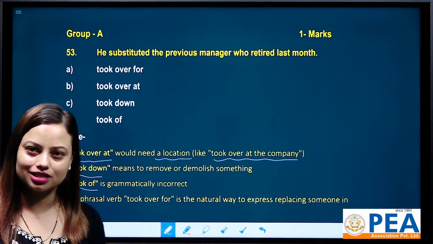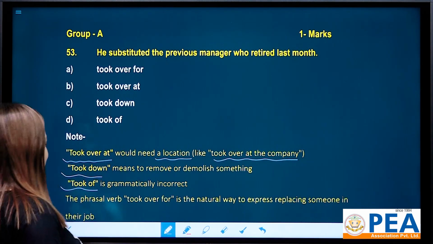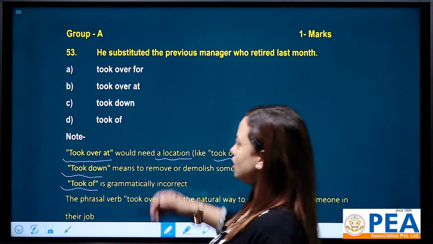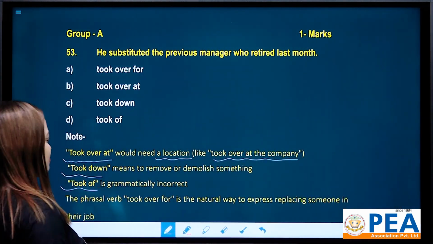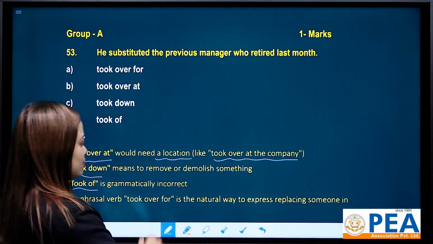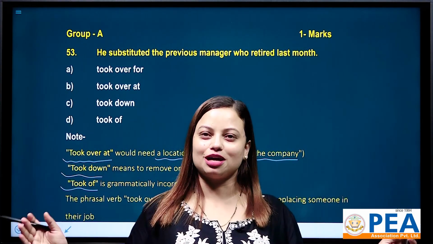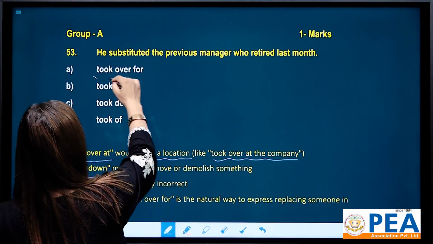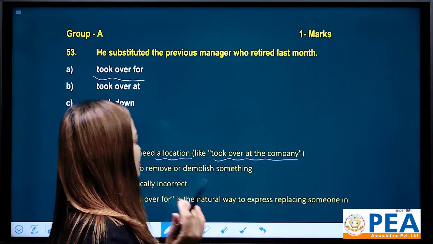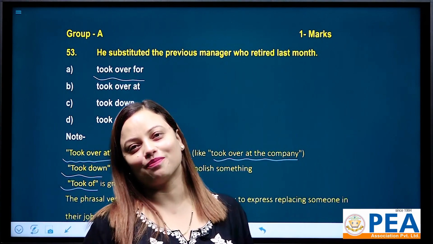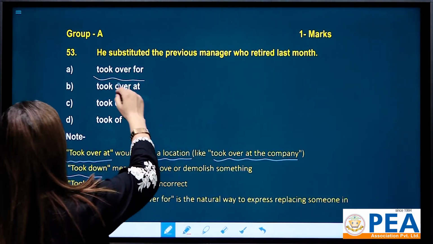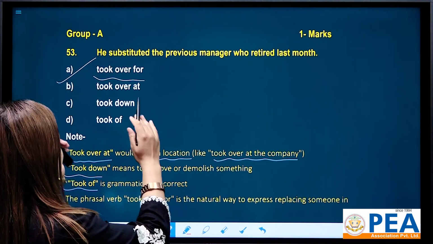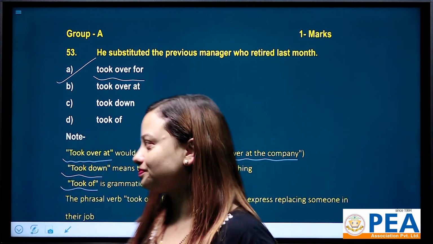Okay, this is grammatically incorrect, or let's say an invalid phrasal verb. And the correct option here is the phrasal verb took over for, the natural way to express replacing someone in their job. Okay, so took over for means replacing someone in a job. That's why here you have to write down took over for. Okay, this matches here, right?